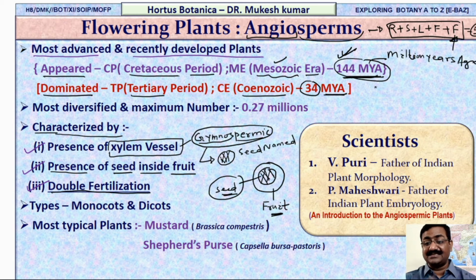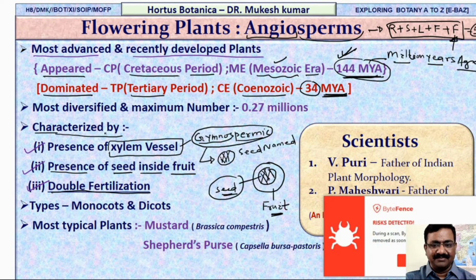And the dominancy came in 34 Mya. Mya means million years ago. Fine. So whenever we talk about the number, since it is very advanced and recently developed, among the whole plant kingdom its number is maximum.